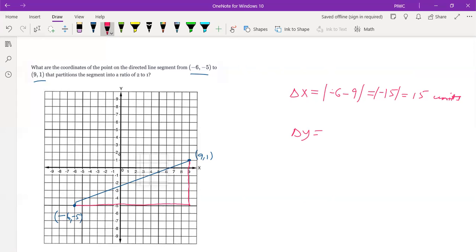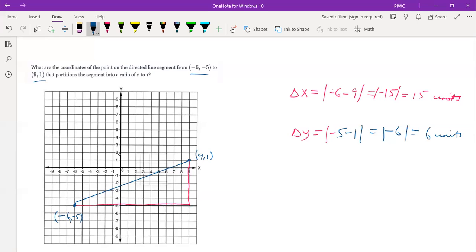You have 5 units between the two values, or we can do -5 minus 1. Sorry, y is -5. So I have -5 here, minus 1. So that gives us the absolute value of -6, which is 6 units.